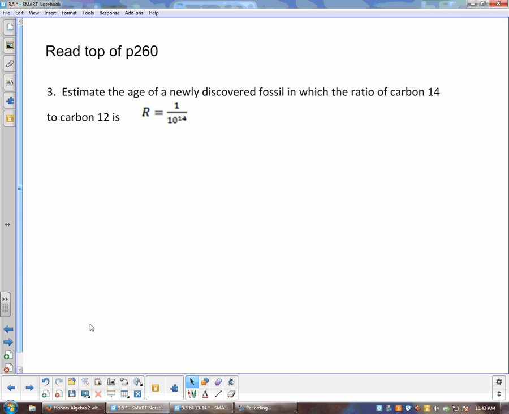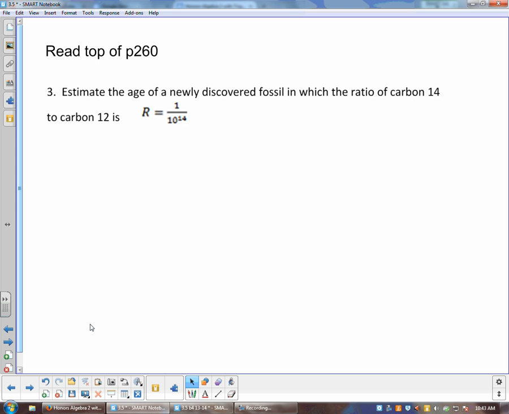Okay, so let's take a look at number 3. But before we do, read the top of page 260 in your book. It says, in living organic material, the ratio of radioactive carbon-14 to non-radioactive carbon-12 is about 1 to 10 to the 12th power.